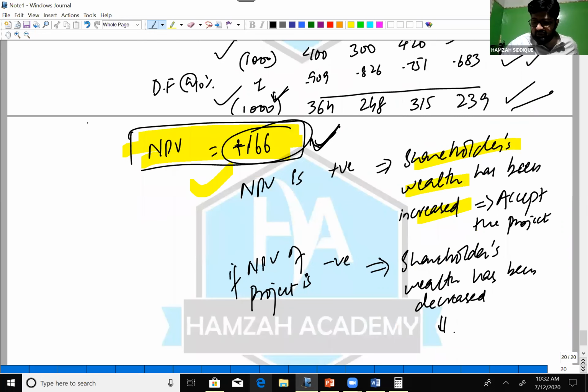So reject the project. Negative means you are now paying out of your pocket. You financed the project and paid the cost, but now the project is unable to pay even the initial investment. So negative NPV.